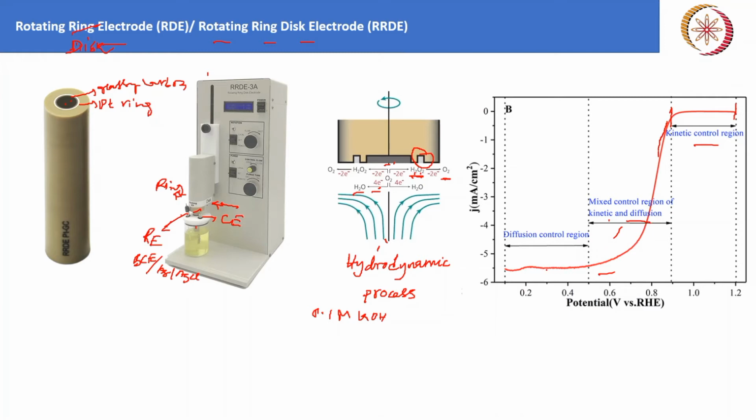And at the far potential, which is lower potential, it is the diffusion control process. Basically your electroactive species is coming from the bulk solution to your electrode surface. So this is called the diffusion control region. From here you can get different types of information like kinetic parameters, which I will discuss in the next slide.